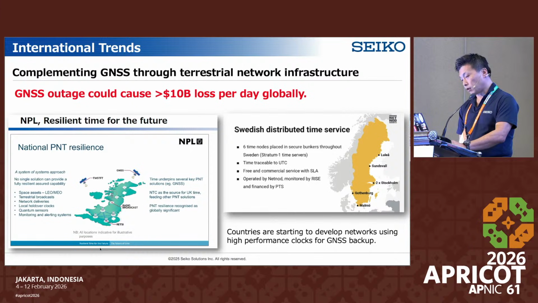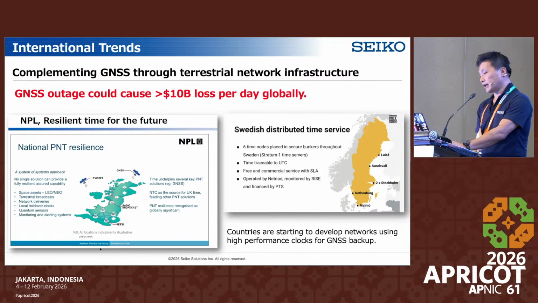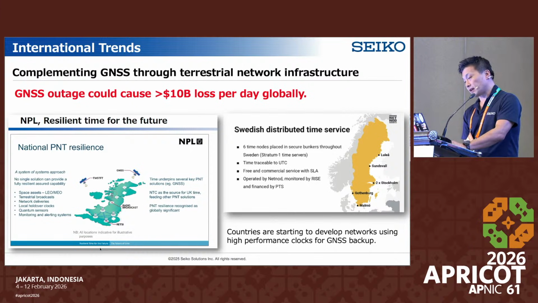So around the world, countries are beginning to build resilient timing networks to complement GNSS. Some studies estimate that a global GNSS outage could cause economic losses of more than $10 billion per day, I think more.